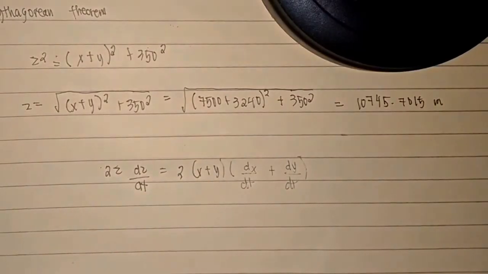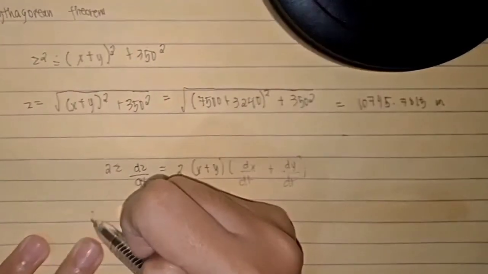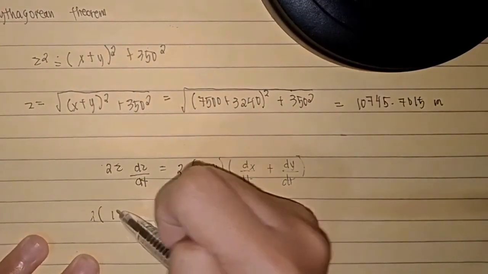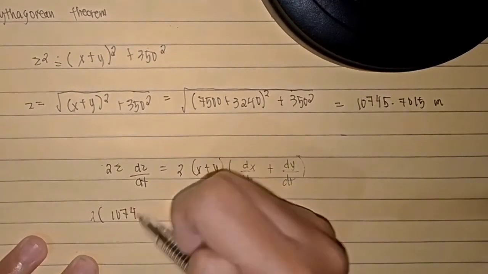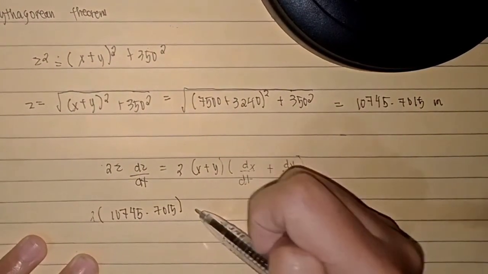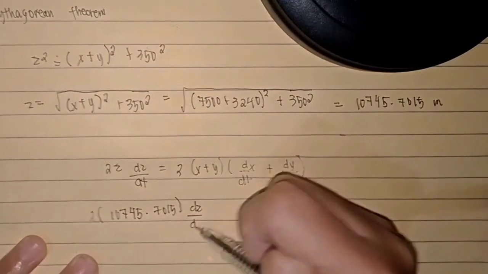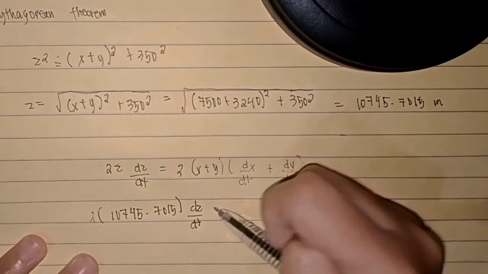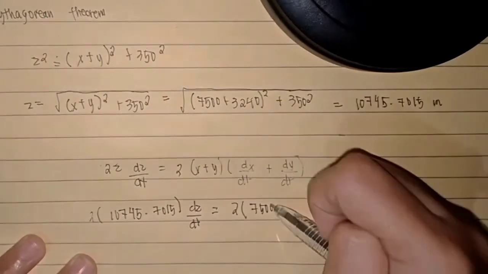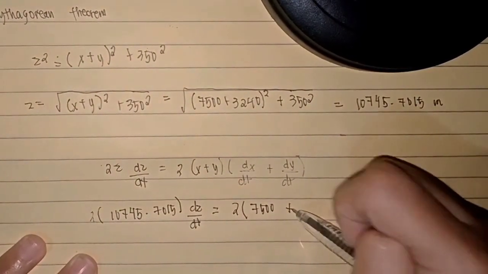Ngayon, i-substitute na natin yung mga given natin dun sa formula. 2 multiplied by 10,745.7015 and dz over dt equals 2 multiplied by (7,500 plus 3,240) multiplied by (5 plus 3).